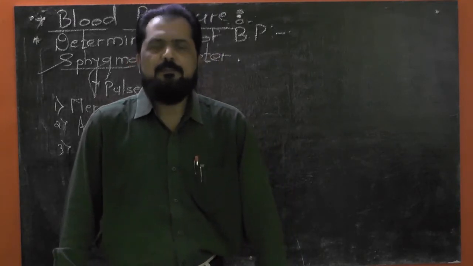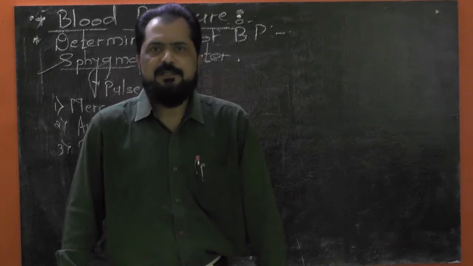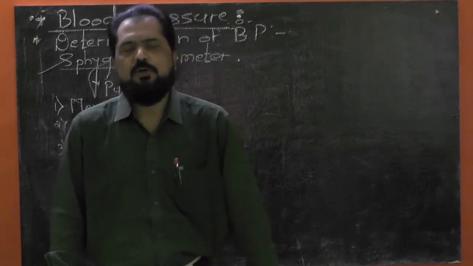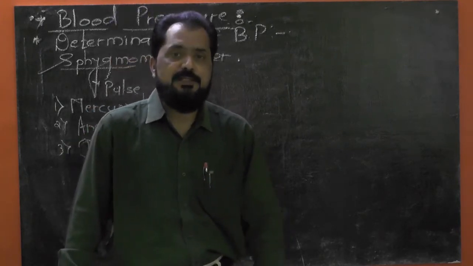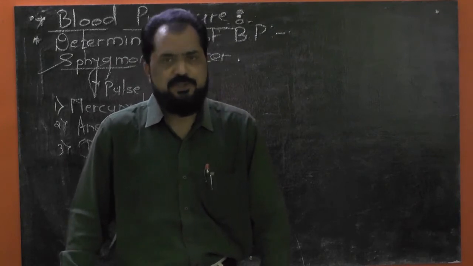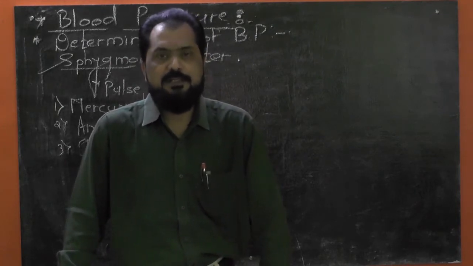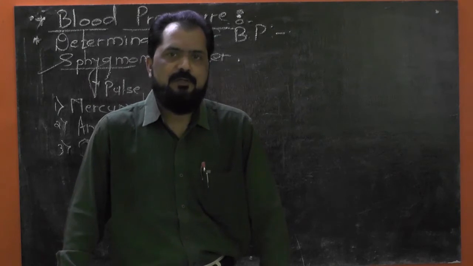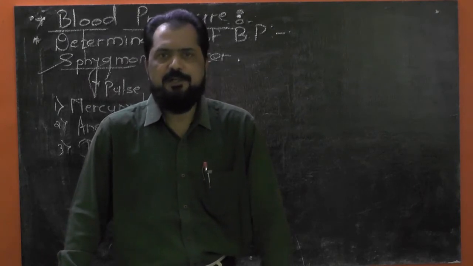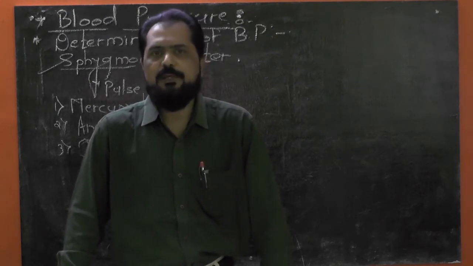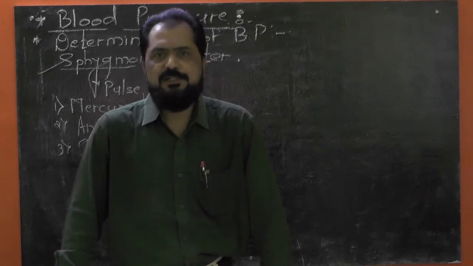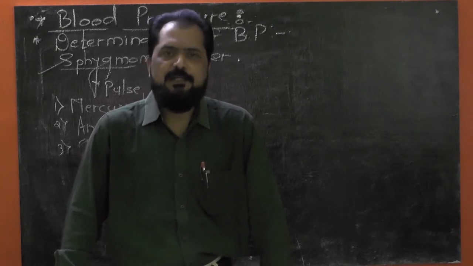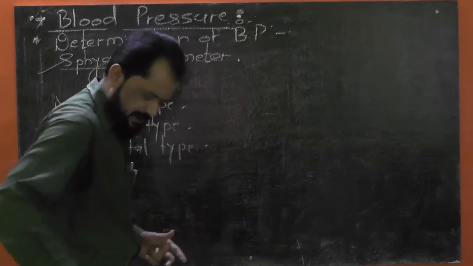Now the blood pressure, definitely sometime it occurs abnormal increase or decrease in the blood pressure, and accordingly there are two main types of abnormalities in blood pressure. There are two main abnormalities such as hypotension and hypertension. Let me explain it.